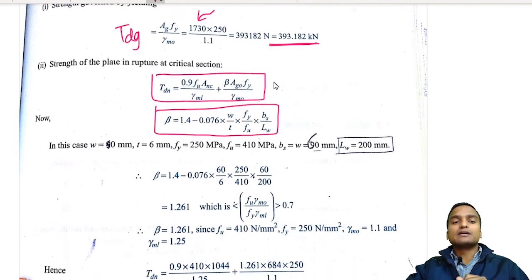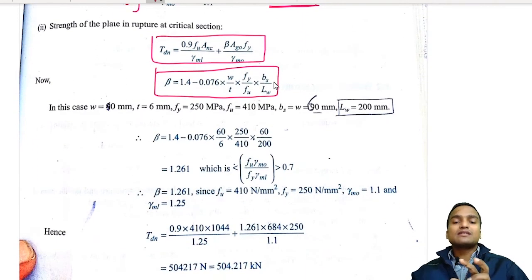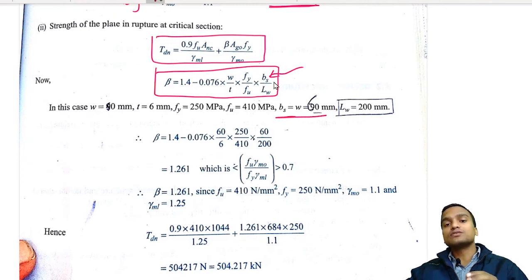For beta, we have to understand what the value of bs is and what the value of Lw is. bs is the shear lag width, and in case of a welded connection, bs is equal to the outstanding leg length, which in this case is 60 mm.